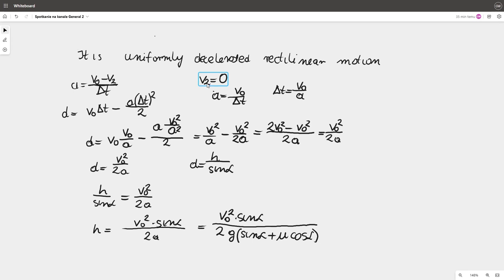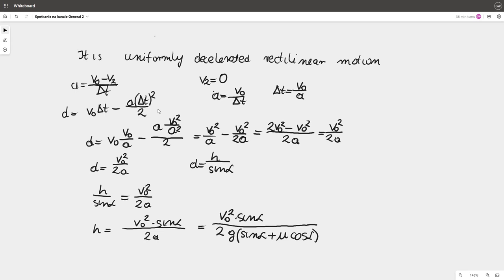Final velocity v2 is equal to 0, so it will vanish from first equation. Second equation will not change.